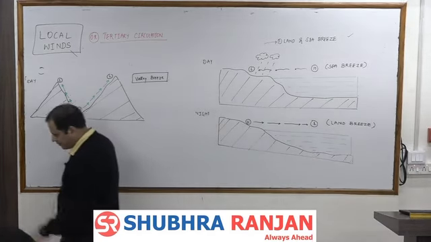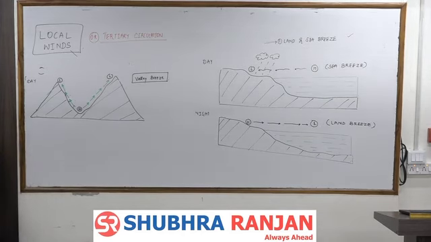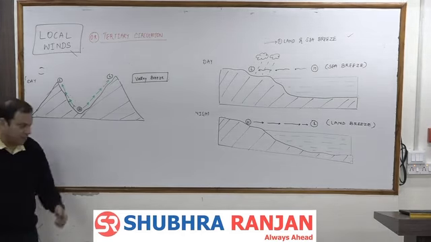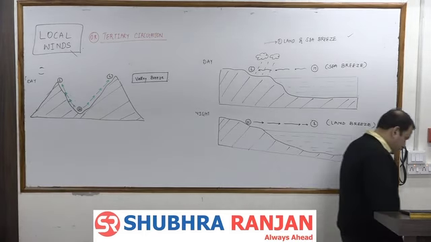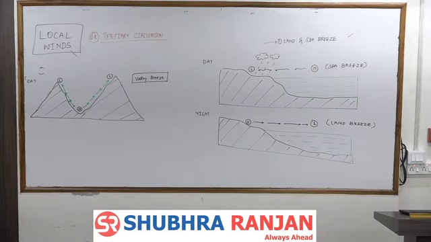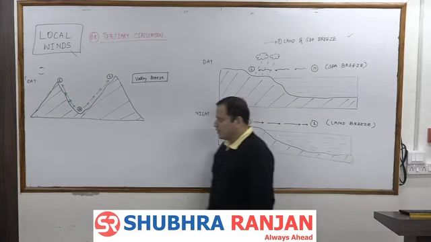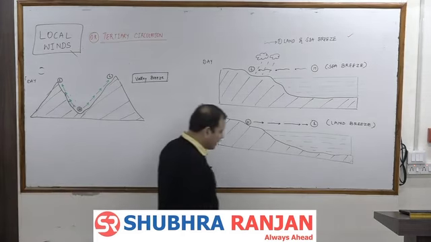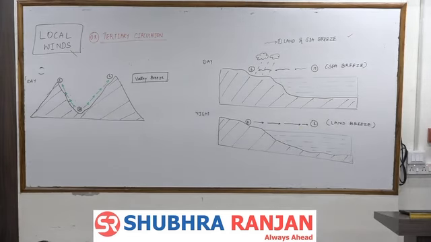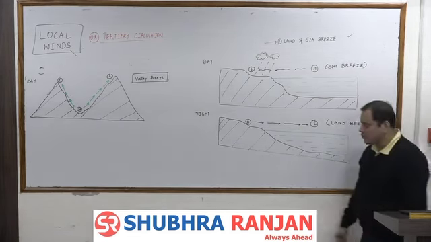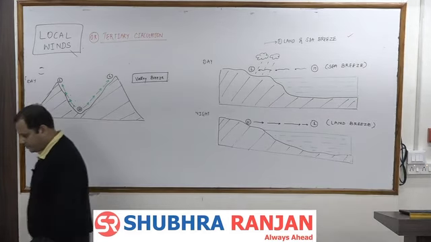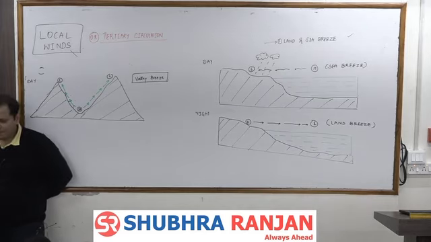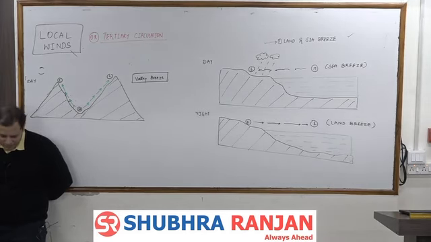During the daytime, the upper parts of the slopes receive more amount of insolation and are heated quickly, while the lower slopes or valley floors are comparatively cooler.